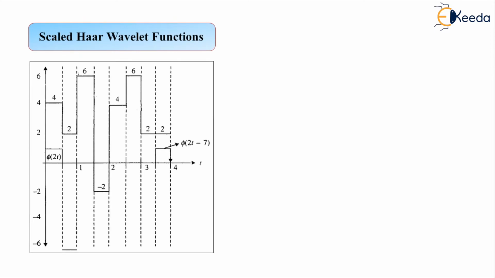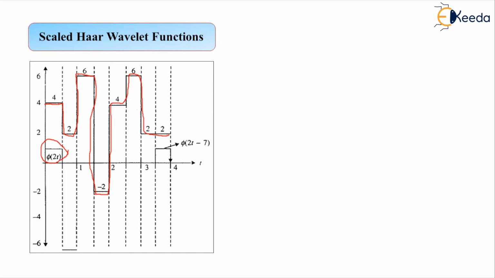So in this illustration you see the solid line markings is the representation of a random staircase type of signal, you can say. Not exactly the staircase, because there is no linear rise or decrease here, it is a random way here. So now you see the functional basis phi of 2t.